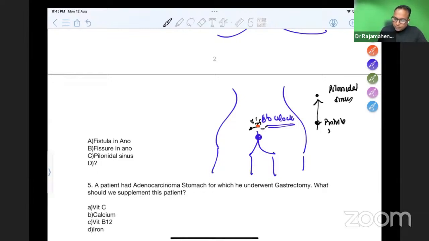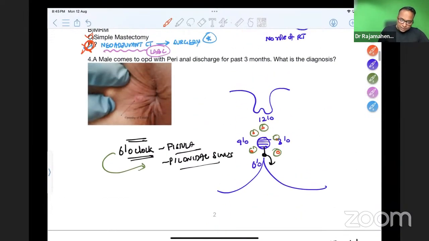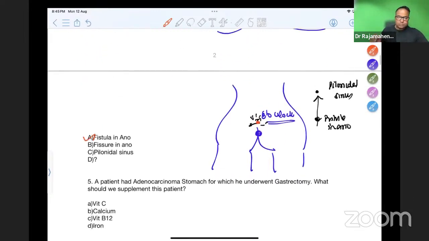So you get a confusion like this only in the 6 o'clock position. But if you have a picture like this, where this is 12 o'clock, this is 6 o'clock, this is 9 o'clock, at 9 o'clock you will never get pilonidal sinus. At 9 o'clock you will get only a fistula in ano.